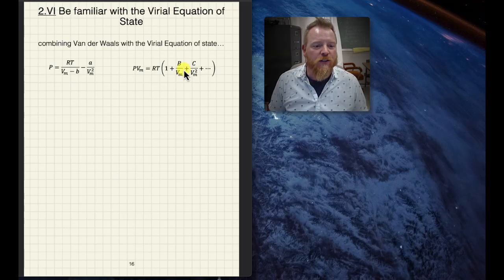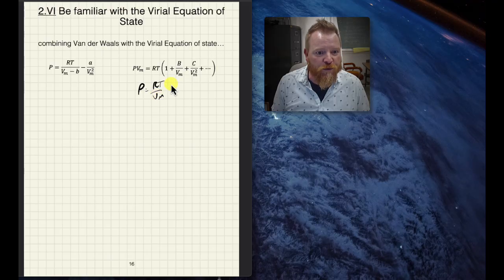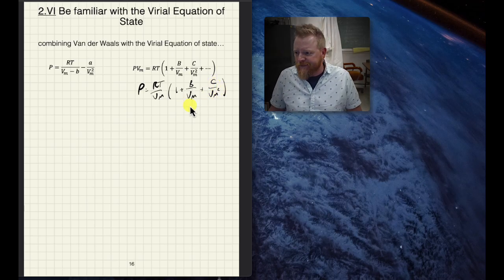All right. So I'm first going to just note that I can rewrite the virial as P equals RT over Vm times this expansion of powers describing Z, and we'll go back to the per Vm basis here.